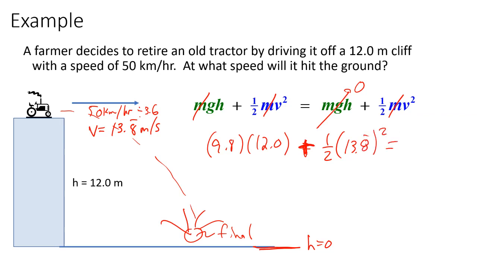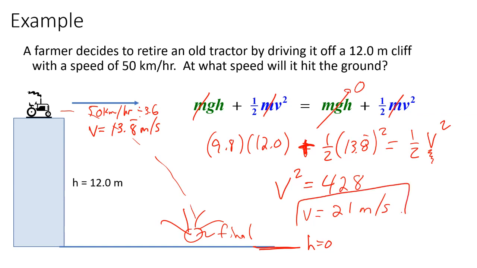That will be equal to our 1/2 v squared. We're solving for our velocity at the bottom of this tractor's fall. If we plug and chug this through, we should get that v squared is equal to 428, and that v is 21 meters per second just before it hits the ground.